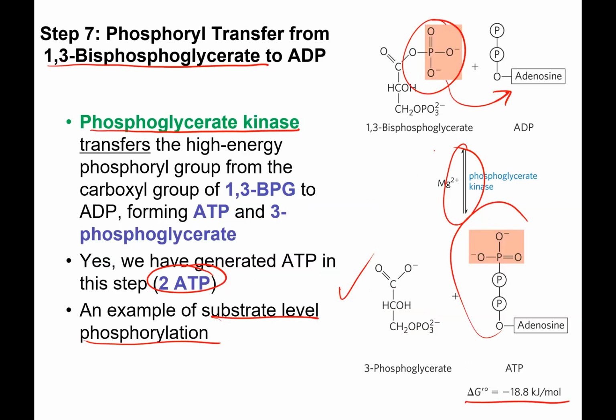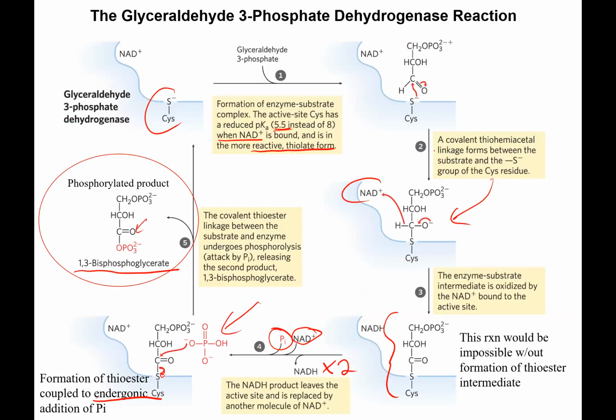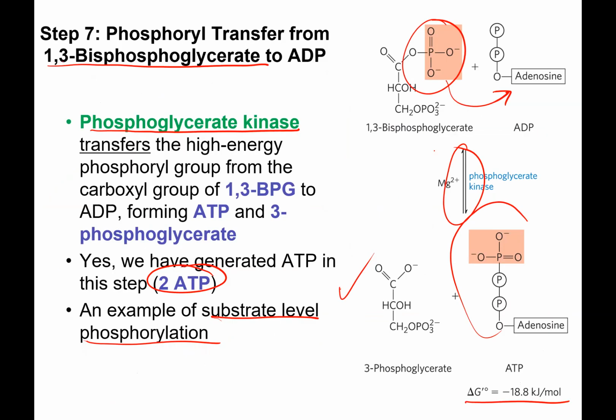What's happened so far? I think it's always good. It's so hard to keep the big picture in your head while getting sucked into all these details, right? So we went down a phosphorylation step, having just added a phosphate molecule to G3P.